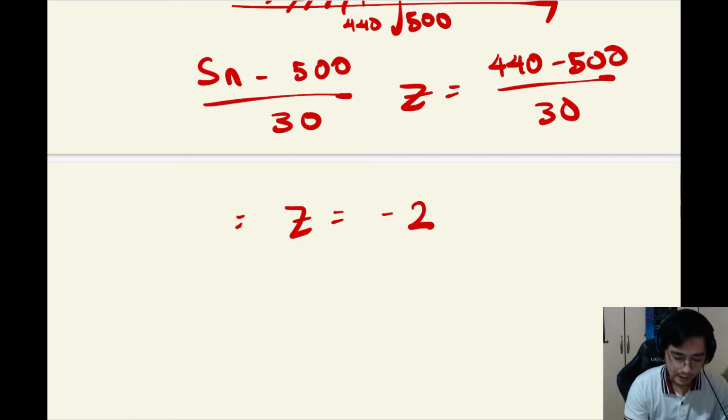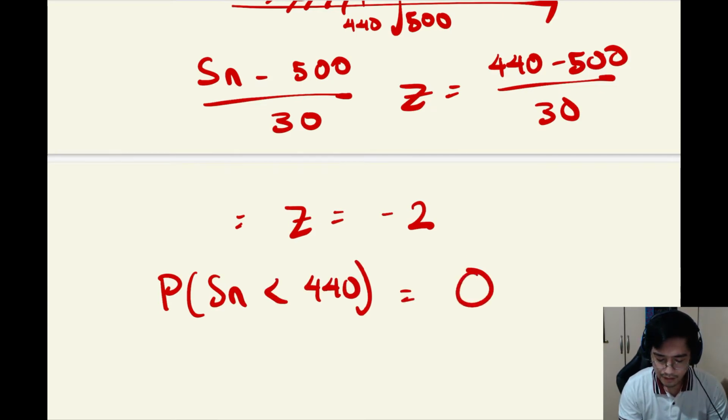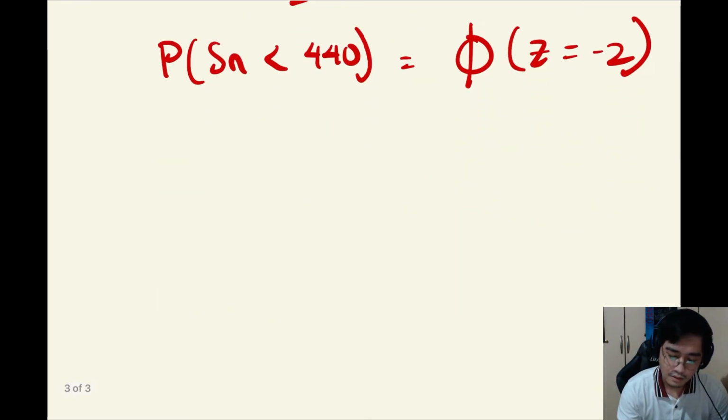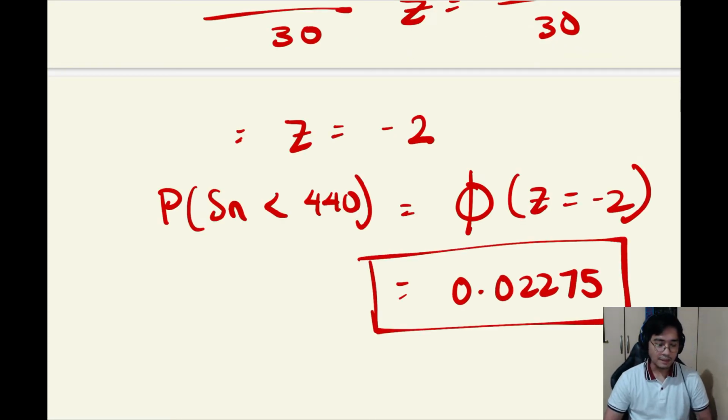To get the probability that S_n is less than 440, we have to get phi of z equal to negative 2. So let's consult the table. We would obtain 0.02275.